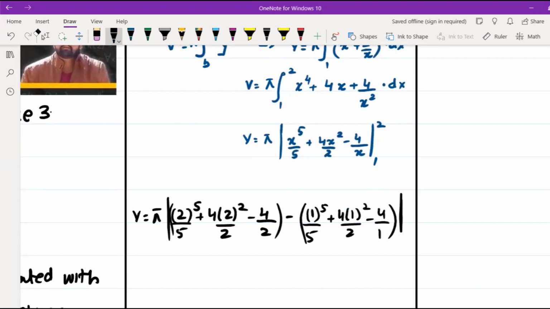When solving, 2 to the power 5 plus 4 times 2 square upon 2, which means minus 4 upon 2, 2 and 2, 4 and 2 will be cancelled.